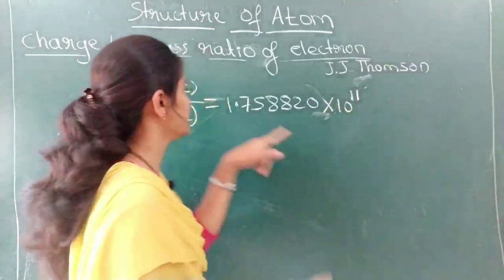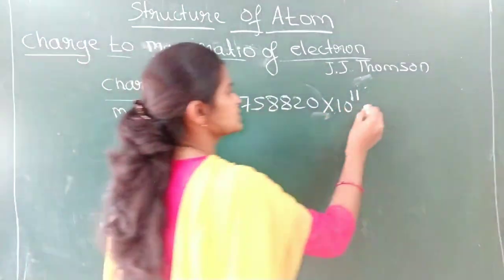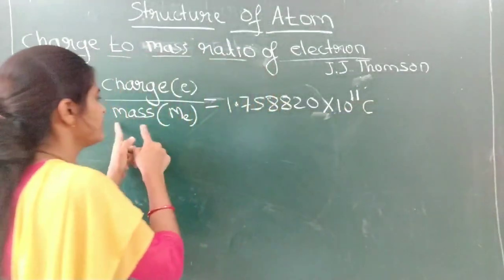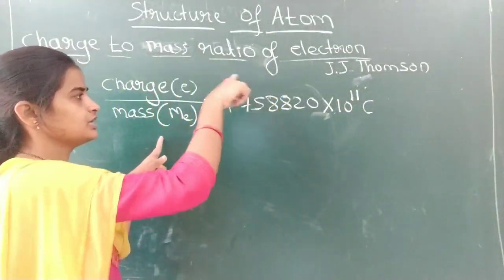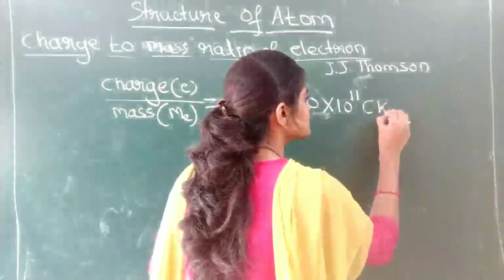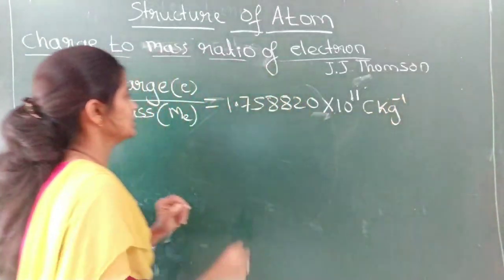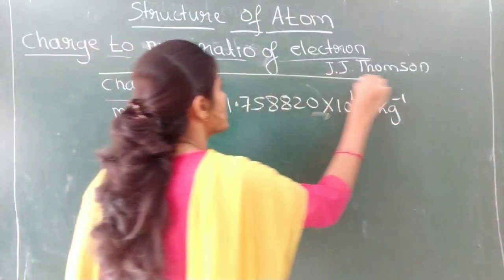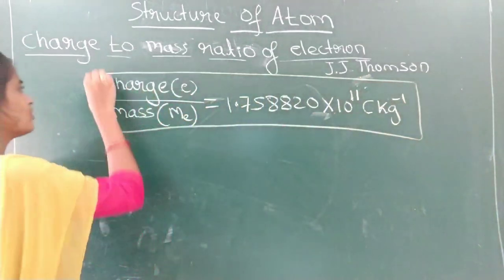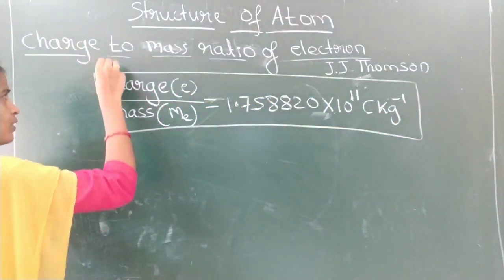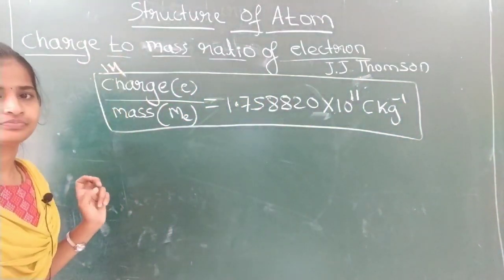What is the unit here? Charge is measured in coulomb and mass is measured in kg, so the unit is coulombs per kg. Okay, the charge to mass ratio of an electron was found to be this. It is important for 1 mark.